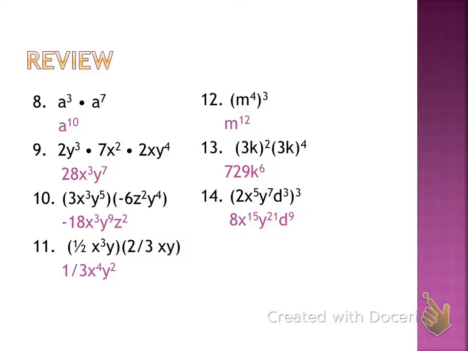So 5 times 3 is 15, 7 times 3 is the 21, and 3 times 3 gives you the 9. This is the one in your notes at the beginning of the lesson we wrote out like 2 to the 3rd, and someone said, do we actually need that step? And I said, not really. 3 to the 3rd is 27, 2 to the 3rd is 8.